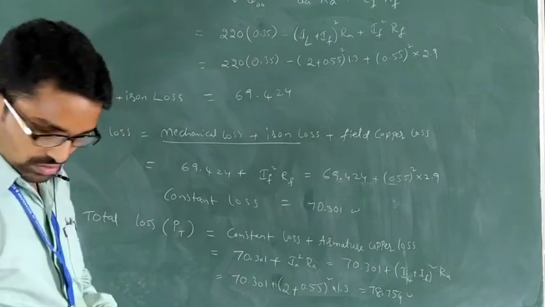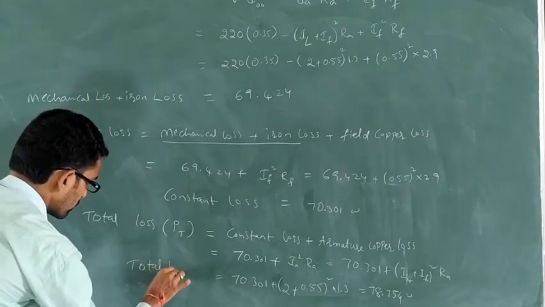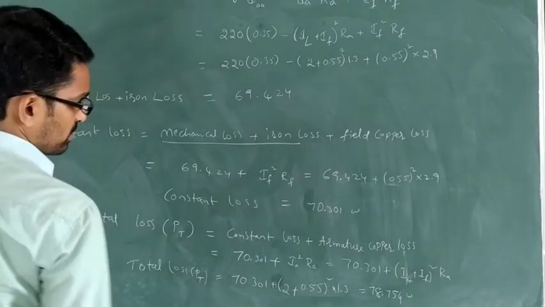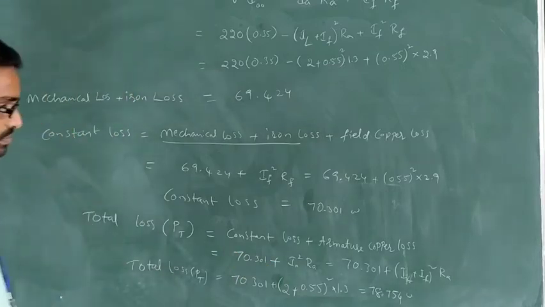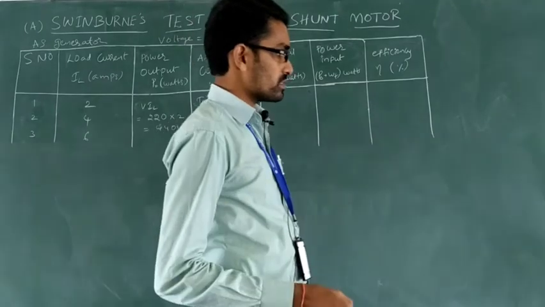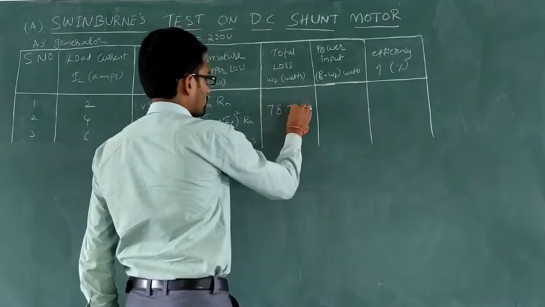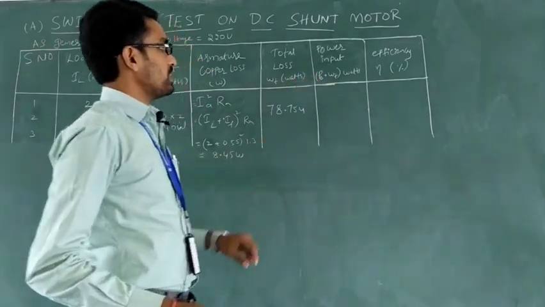So total loss is 78.754. I will substitute this value in the tabular column, right? So here we have total loss as 78.754 watts, and I need to calculate the power input.